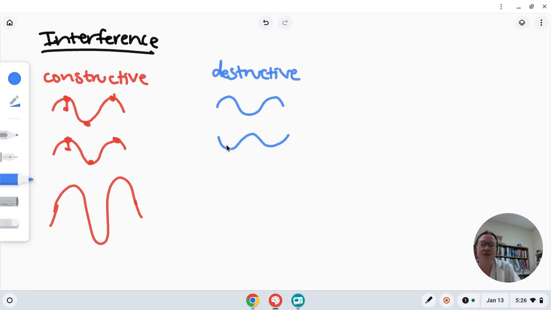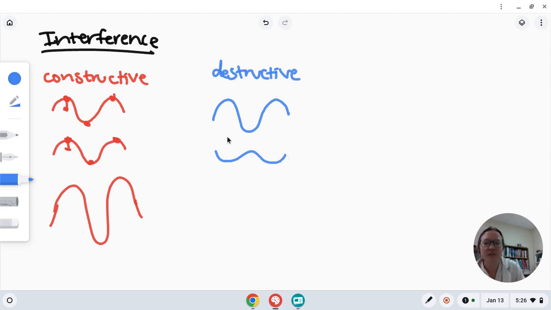These two waves are in the same place at the same time. Except now that I've drawn them both perfect, I actually want to change them. So let's say that one wave is slightly bigger than the other. Let's do this one here, and then this one here. It's so perfect. Okay, great.